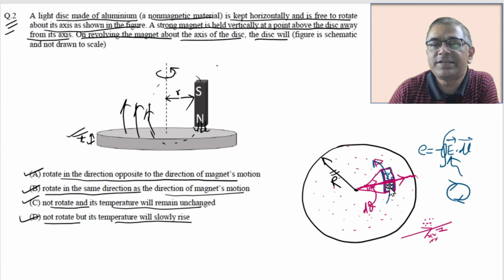Magnetic flux is decreasing. If the direction of current happens to be radially outward, as I have chosen, then the magnetic field produced by this current will try to oppose the decrease in magnetic field. Is it right?